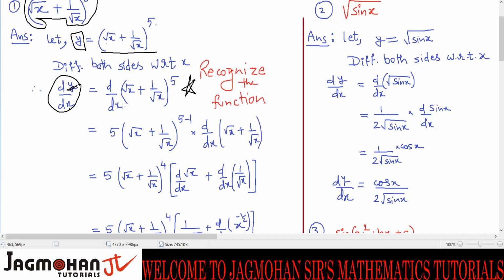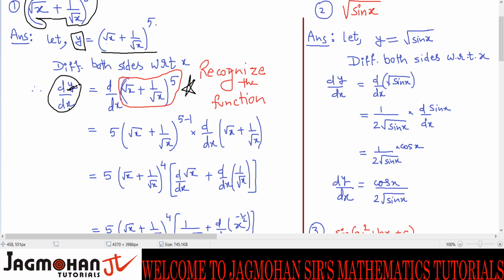You will not be able to apply a proper result unless you know what kind of function this is. So what function is this? This is a variable raised to constant function. Why?